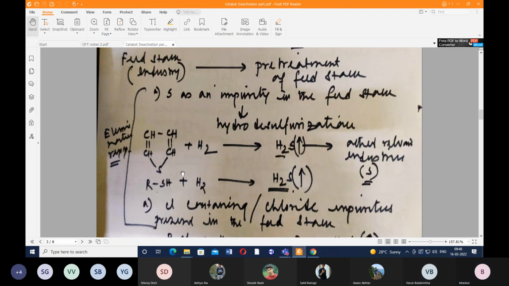I think according to that rule, I forgot the name, the 4n plus 2 electron rule. It has got sulfur, but it cannot be treated as an aromatic compound.